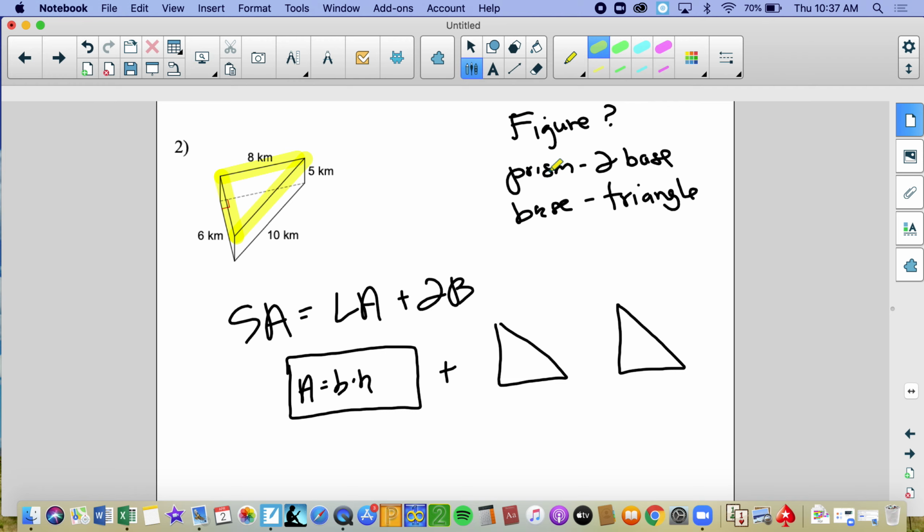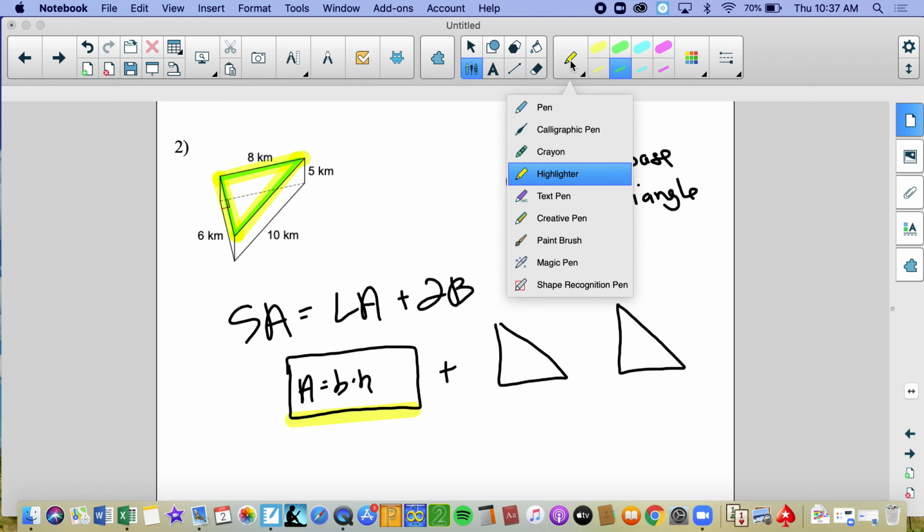The base of this lateral area rectangle will always be the perimeter of the base shape. So let's go around that. What is the measure? What's this measure? That's 10 kilometers. That's 8 kilometers. And that's 6 kilometers.